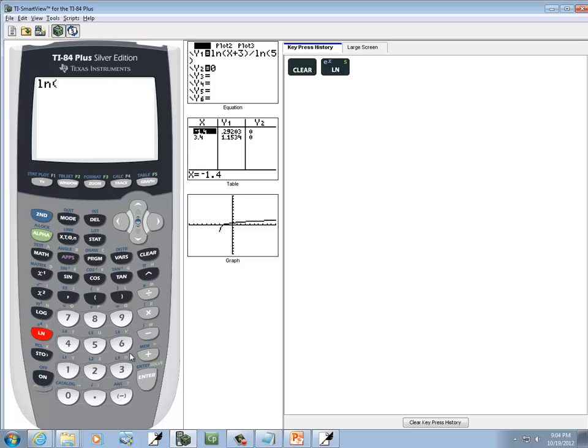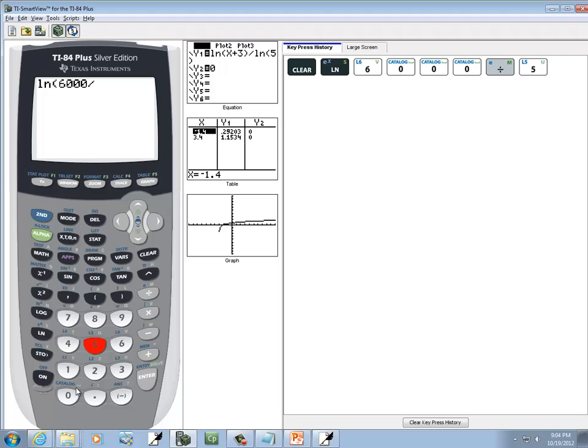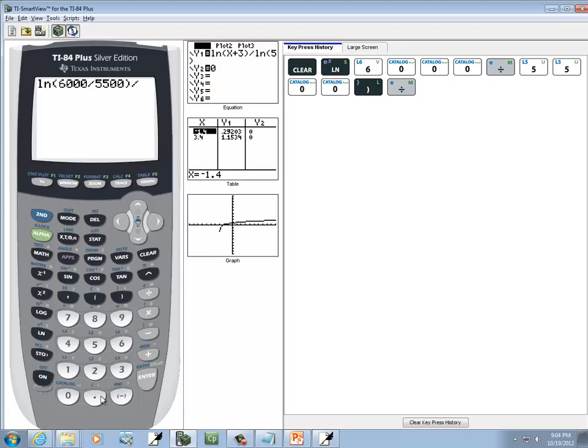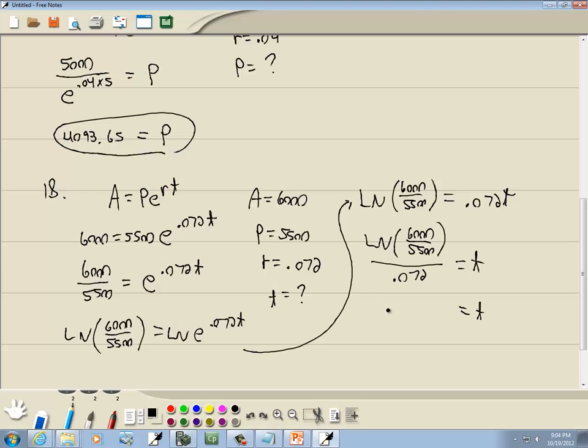So we got natural log of 6,000 divided by 5,500, closing parentheses, divided by 0.072. Enter. And we get, I don't know, one decimal place, 1.2 years. Like that.